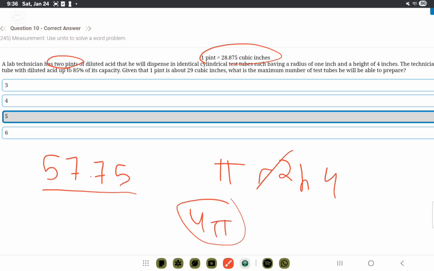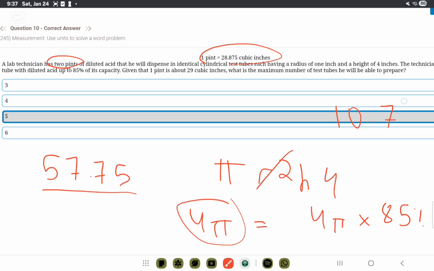Okay, so now that's only one volume. 4 pi is equal to, now we multiply this by 85%. You get 10.6.